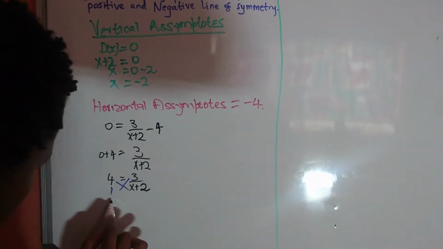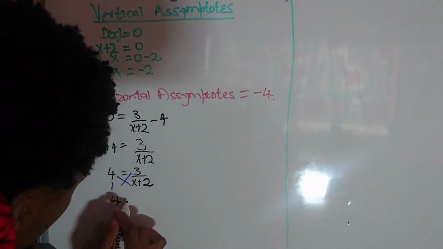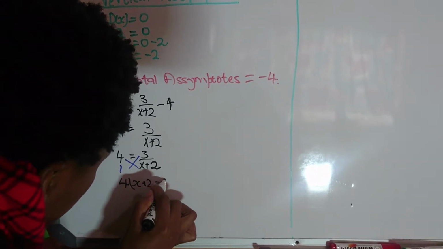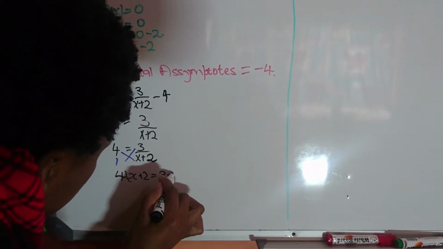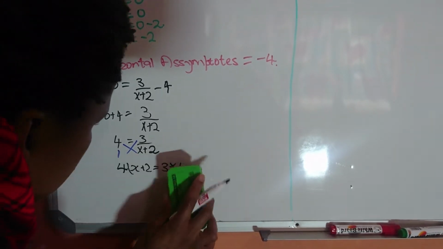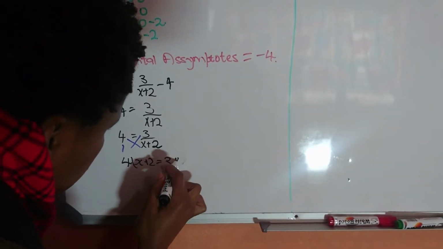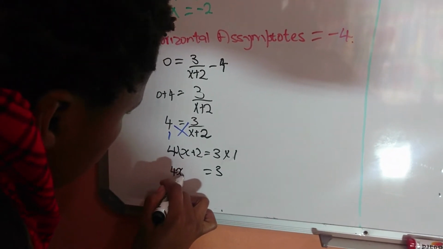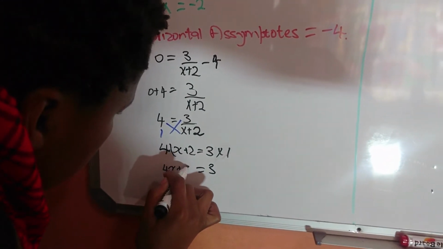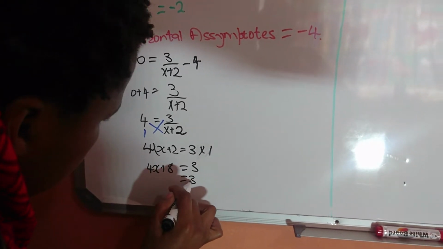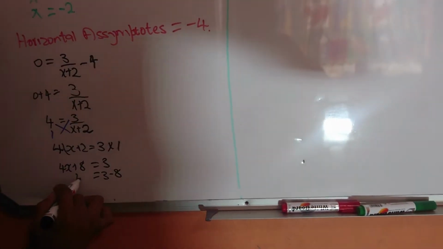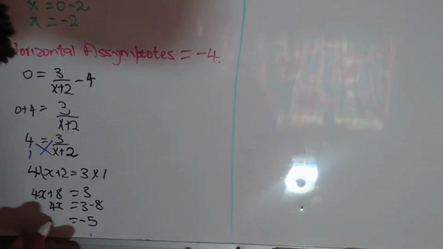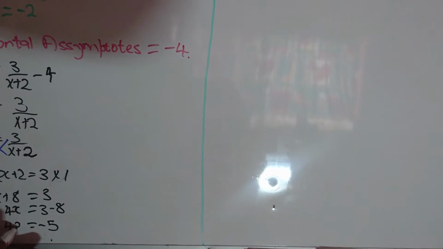So it's out 4, like x plus 2. Present 1, so 80. 3, 8. 4x with negative 5. 4x.